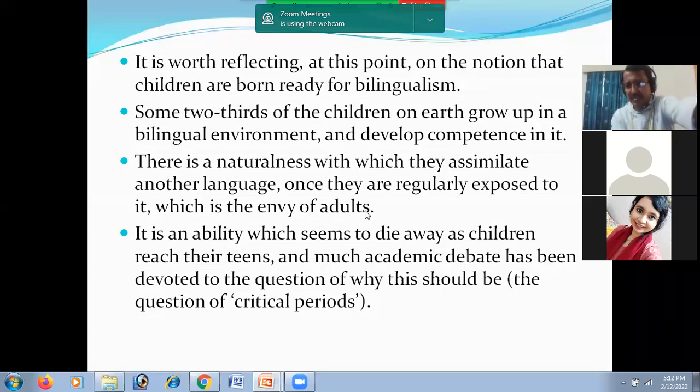So that tendency will fade, and for this reason, this is called the critical period. There is much research about this, on how children can learn a language quickly. That is natural.